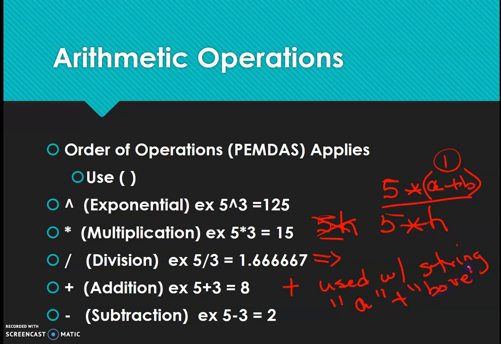And so I could actually tell it to append a plus above and give me the word above. It doesn't actually add them together mathematically, but it appends them together. So these are the basic operators that we will use to construct mathematical expressions in computer science.